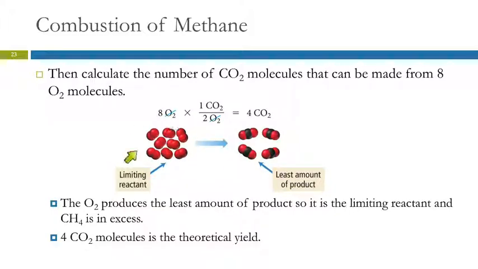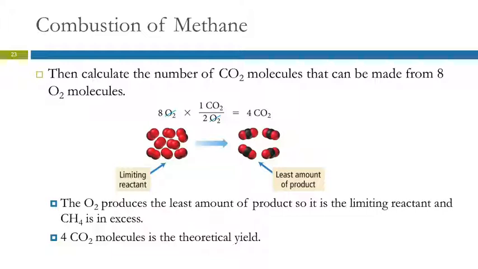So 8 molecules of oxygen, I get 1 CO2 for every 2 molecules of oxygen. And so from this amount of oxygen, I can only make 4 molecules of CO2. Does that make sense? It's like the pizza. So when the 4 molecules of CO2 are made, we've run out of oxygen and the reaction stops.